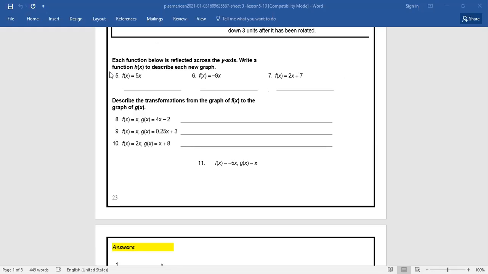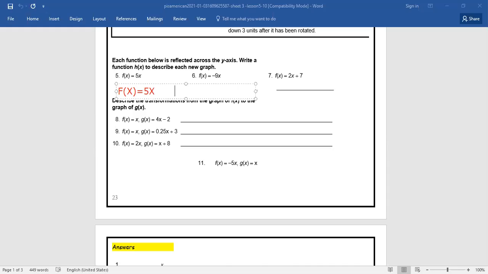What about the next question? g of x equal negative 9x. Raise your hand, please. I want to know who wants to answer. Yes, I don't understand this part. Jana, okay, with all my pleasure, honey. If we want to find the new function if it's reflected across the y-axis, then the first function is f of x equal 5x, right?